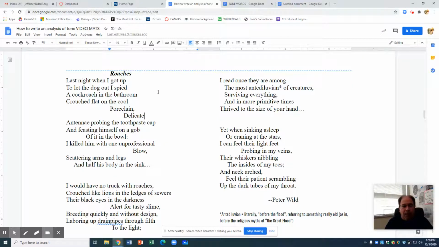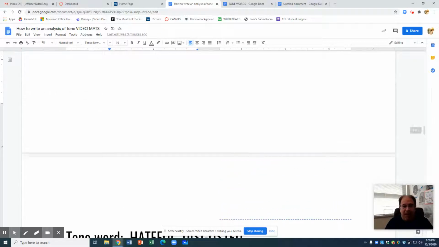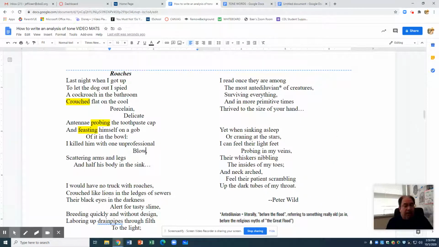And again, remember that we're looking for things that seem to imply a hateful or disgusted tone. Good examples of that. So what you see that I've done here is I just highlighted a few words that right off the bat in the poem, when we're looking at the actions or the potential actions of this cockroach, we can see that he is intending for us to be a little bit grossed out by what this thing is doing and a little creeped out by it.